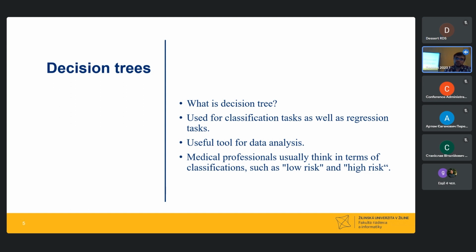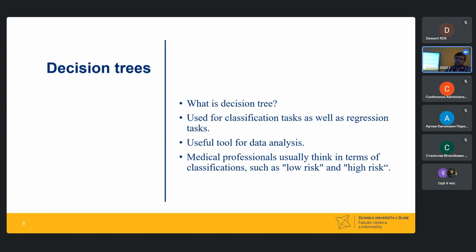For example, regression trees are used to predict stock prices, and classification trees are used to label certain data into certain class. Probably the most famous example is classification of pictures, dogs and cats, and the image algorithms told us which picture is cat and which is dog.